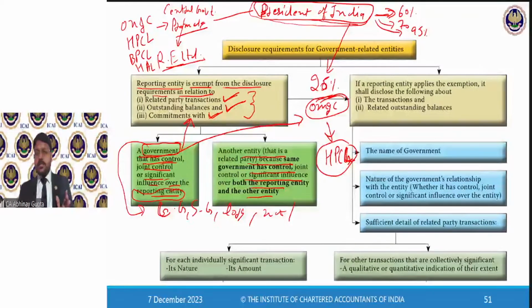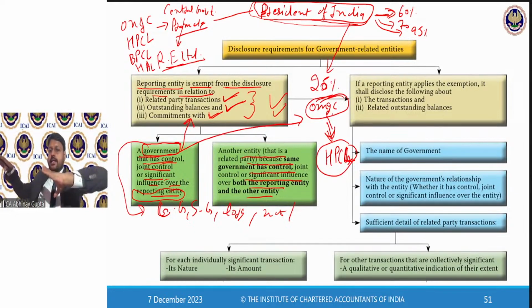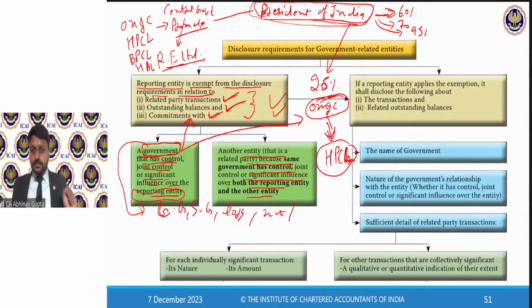If there are any transactions between ONGC and HPCL, in that case even this exemption or relaxation applies. So transactions, balances and commitments with the government, and with any other entity which is also controlled by the government, relaxation applies to both.